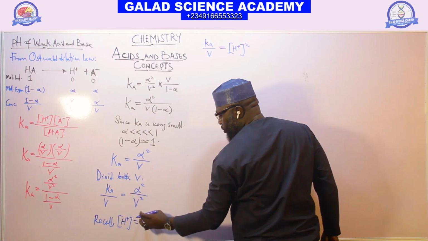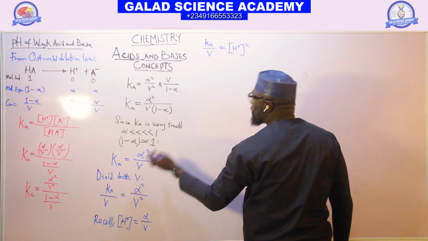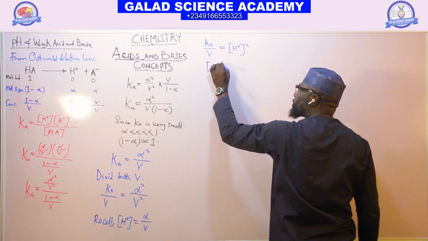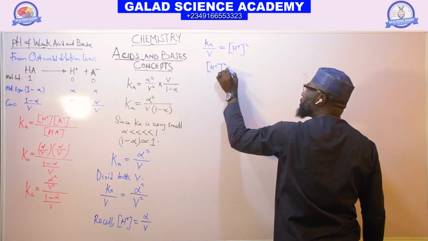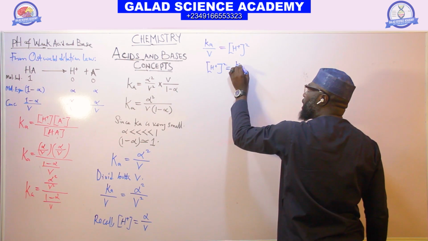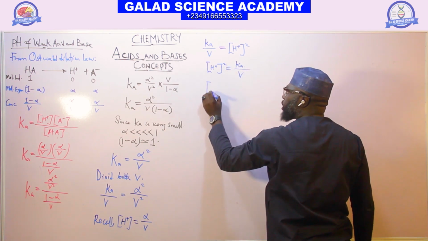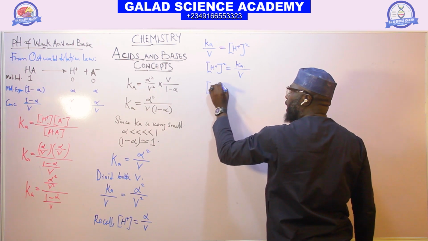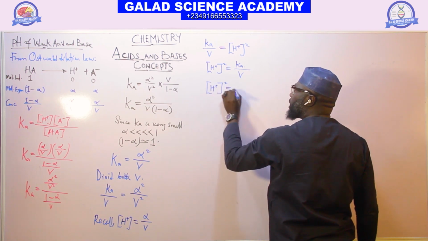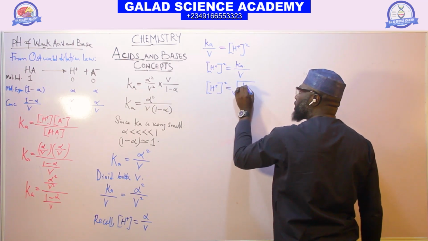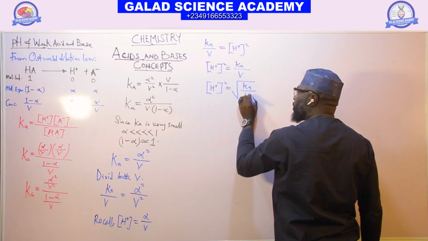Everything you have there is alpha over V. So rearrange it: H plus square equal to Ka over V. Therefore, the concentration of hydrogen ion should be the square root of Ka over V.